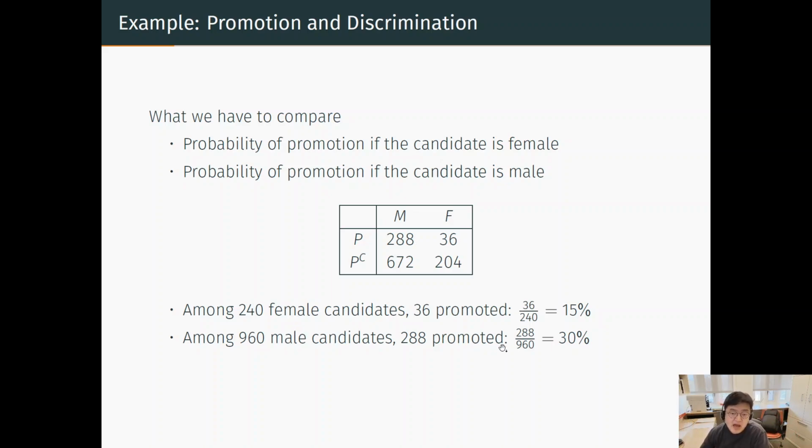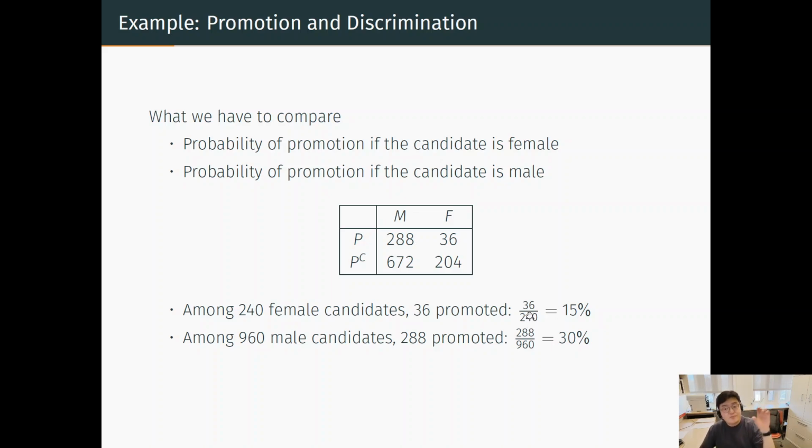Similarly, for male, now you have to change the denominator because there are more male, right? So out of 960 candidates, 288 were promoted if he was male. That is 30%. So this is a better comparison, right?